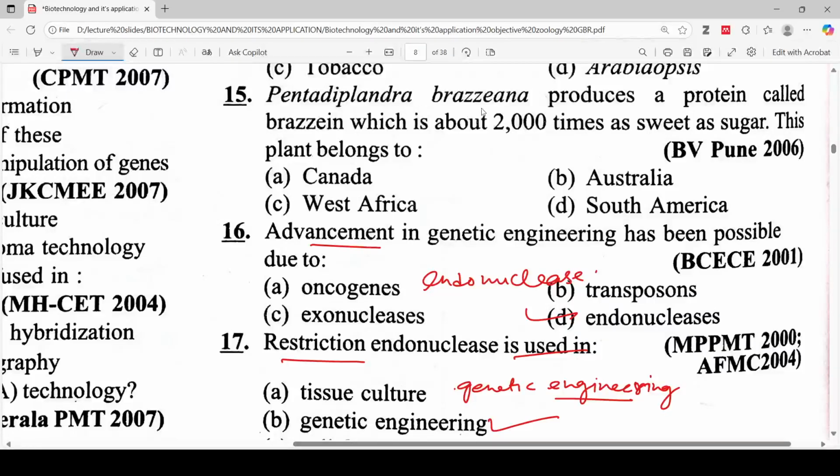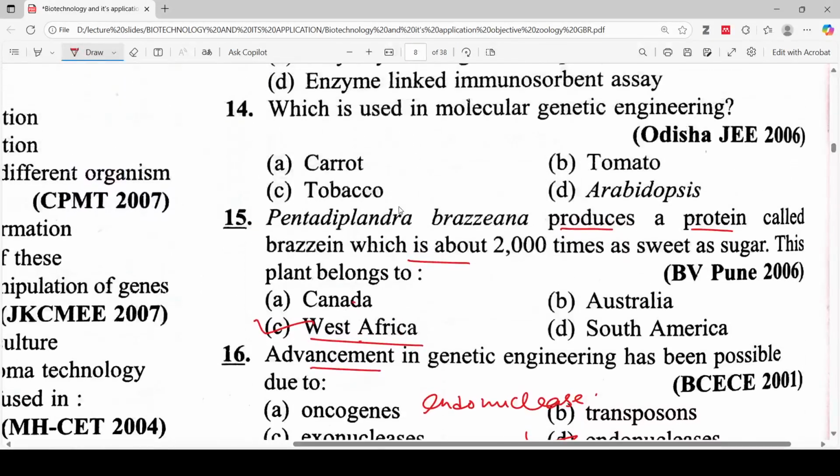Pentadiplandra brasiliana produces a protein called brazzein, which is about 2000 times as sweet as sugar. This plant belongs to Canada, West Africa, Australia, or South America. So the correct answer is option C, West Africa.